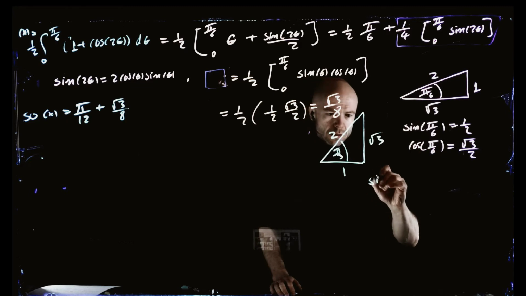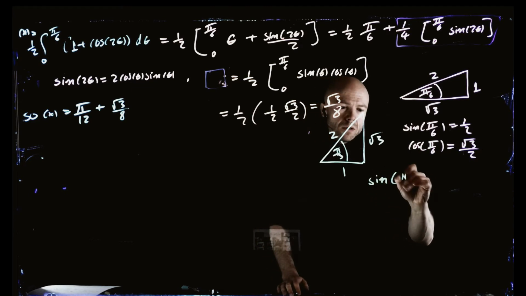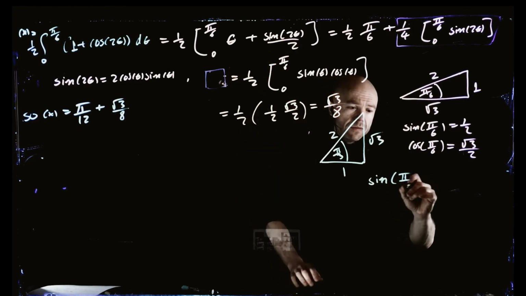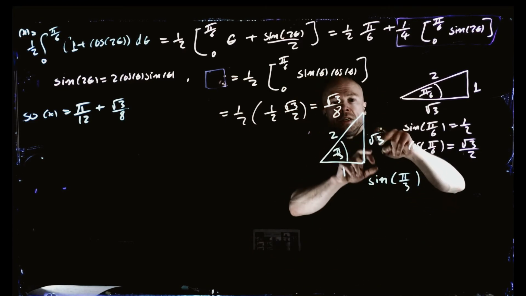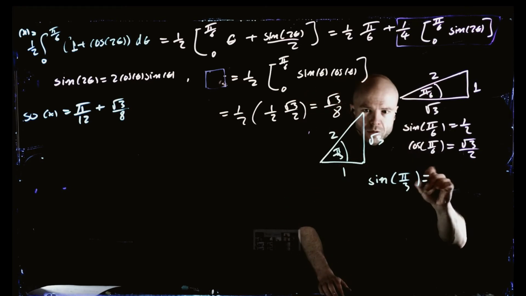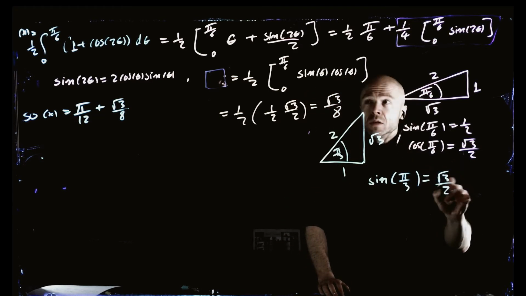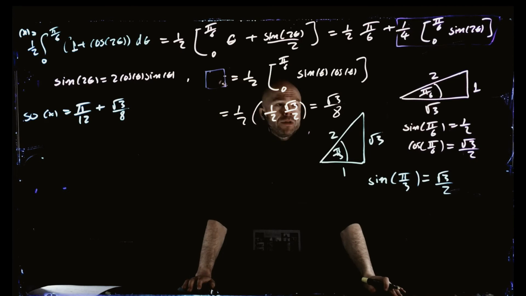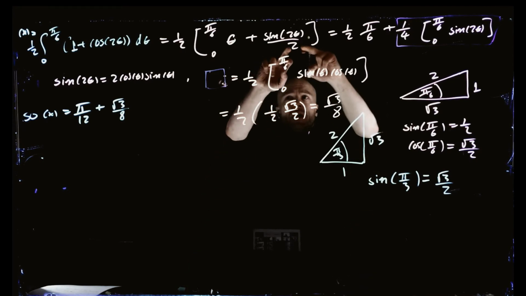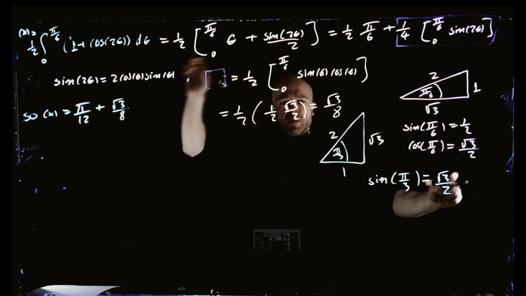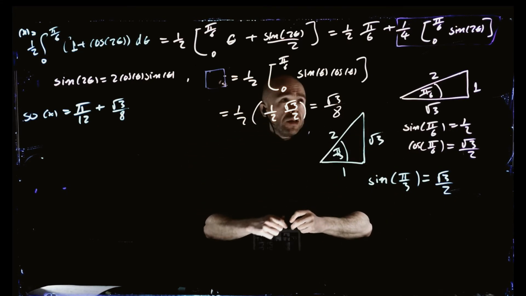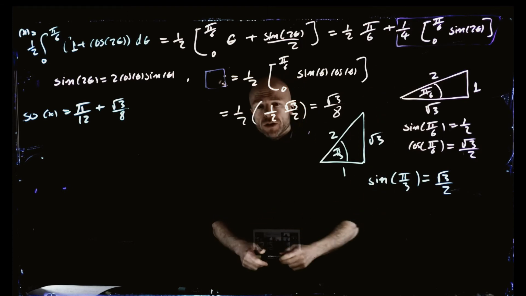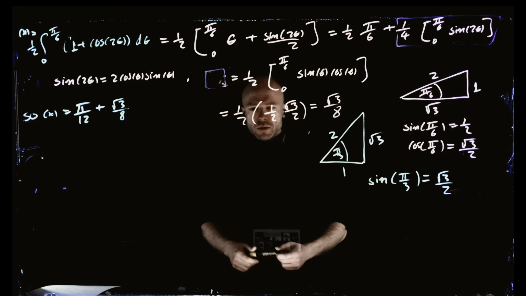So indeed, sine of pi over 3, which is what we would have when we do this, is the opposite divided by hypotenuse, so it's root 3 over 2, and then it's going to be times a half, and we get the same answer. So indeed, you're right. I wasn't thinking about that, but that's a simplification, so a good suggestion. Any other questions?